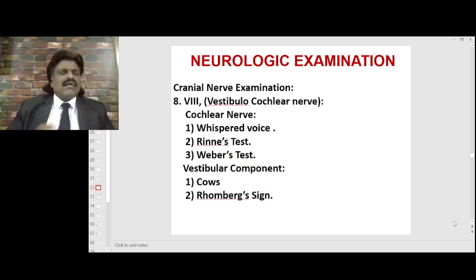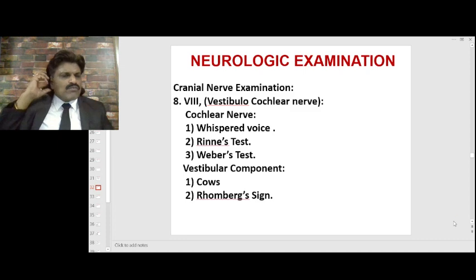What is this? The vestibular component, that is the eighth nerve, is connected to the third, fourth and sixth nerves through the medial longitudinal fasciculus. Imagine the right vestibular component. The right vestibular component is connected to the PPRF, paramedian pontine reticular formation, on the left side. The paramedian pontine reticular formation will pull the eyes towards its side by supplying the lateral rectus on the left side and medial rectus on the right side through the MLF.